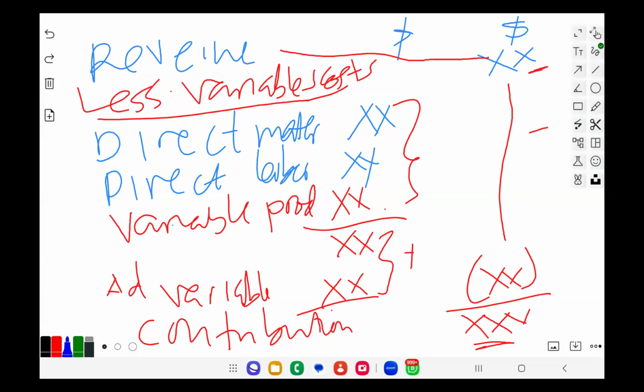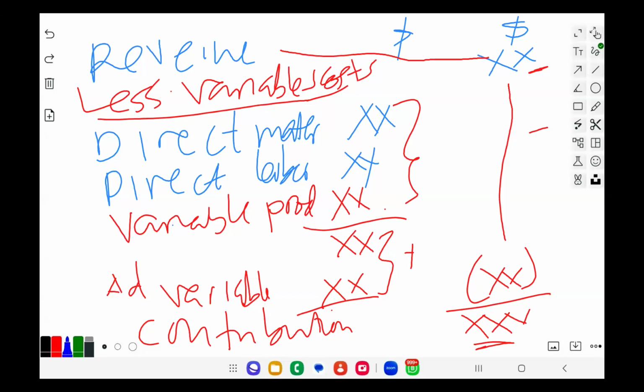From there, you can deduct variable costs. By variable costs, you can start with direct material costs per unit usually. You'll be given direct material cost per unit. So you get the cost per unit that you're given for direct materials times the units produced, not the units sold. Sometimes the units produced and the units sold are different.